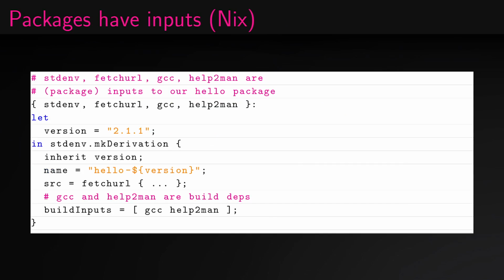So here, we actually defined a package in this Nix expression. We're using this make derivation function from standard env, and we just define a bunch of attributes, right? And inside of make derivation, it does stuff like with help to man and a few other things.